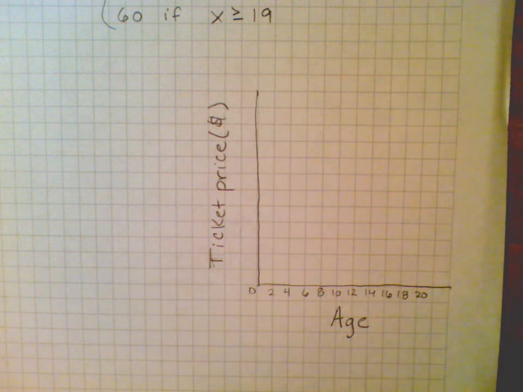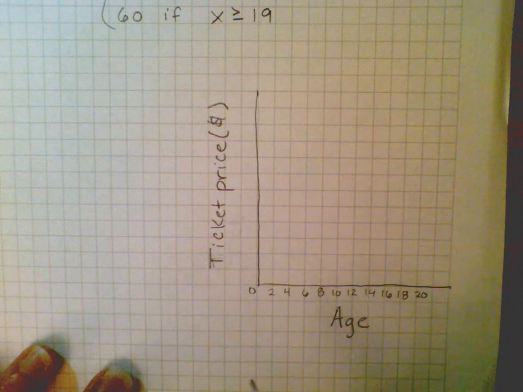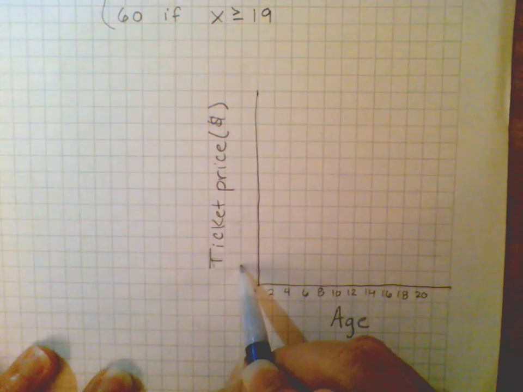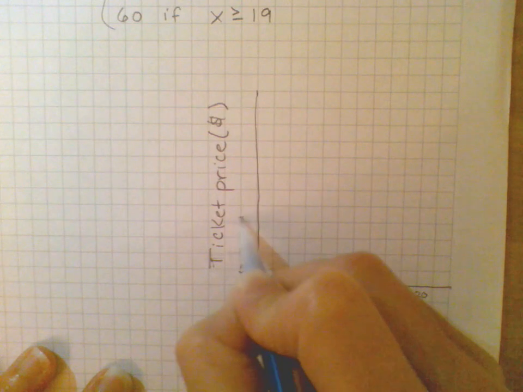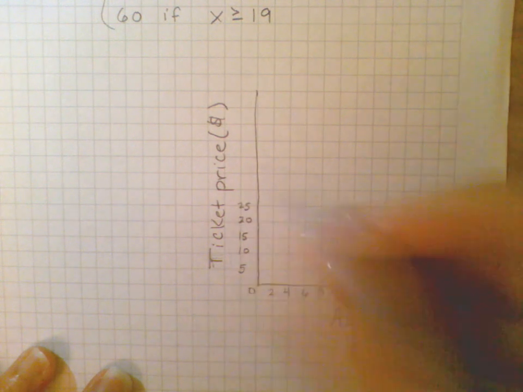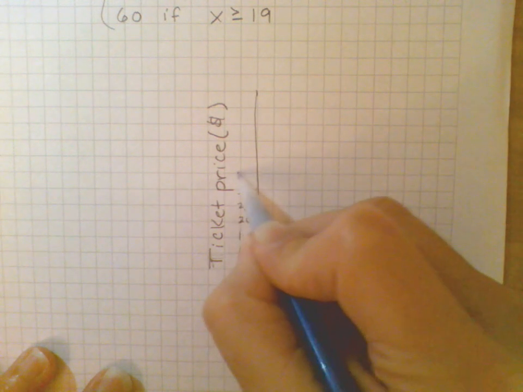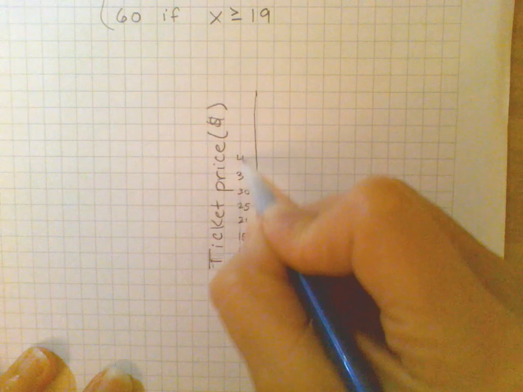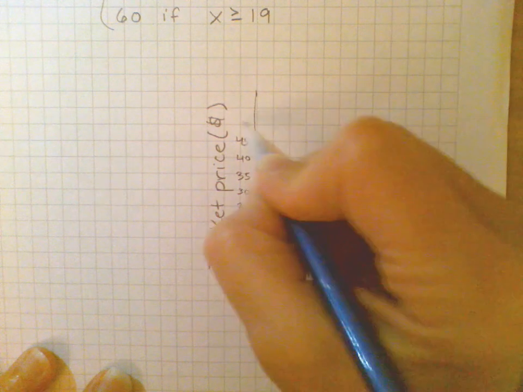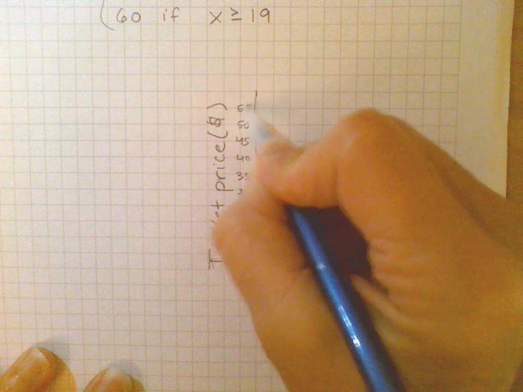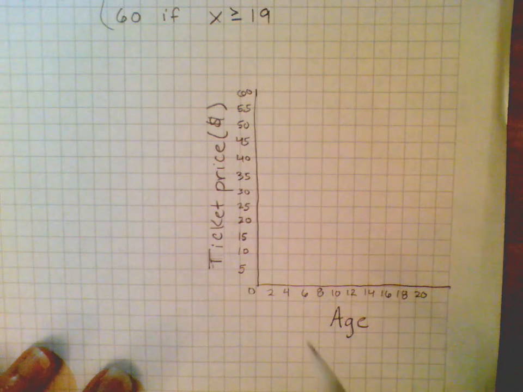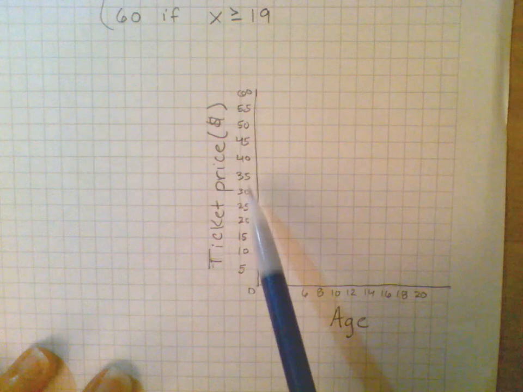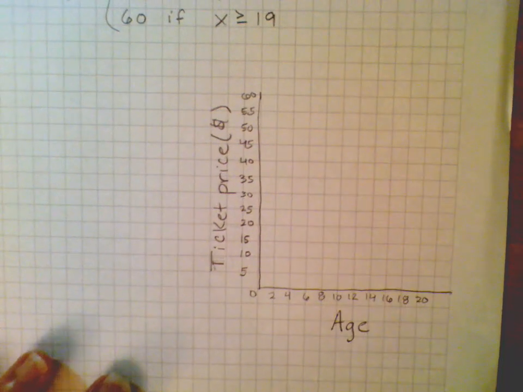Just go out to 20. I'm going to go by 5's on my ticket price. It's the very top, 60. So I think I've got that 5, 10, 15, 20. Yep, okay, looking good.